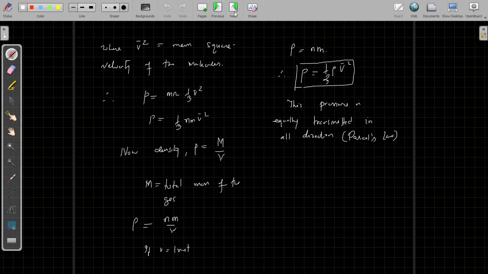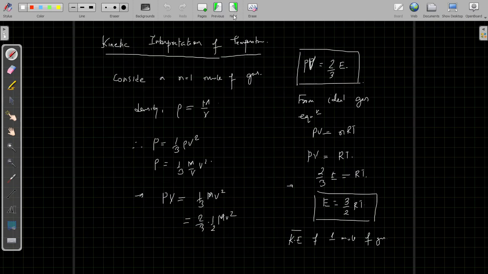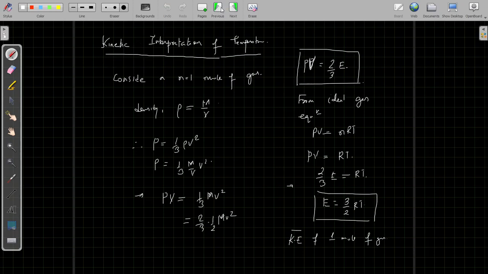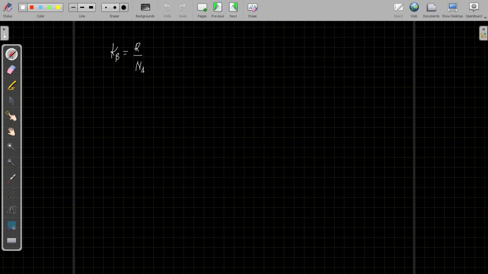So Kb, the Boltzmann constant, is equal to R by Avogadro's number, right? Therefore, we can write E equal to, so average energy will be equal to total energy by Avogadro's number Na, correct?